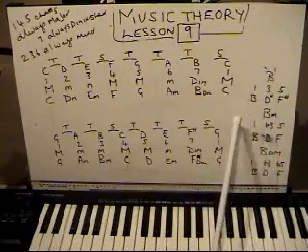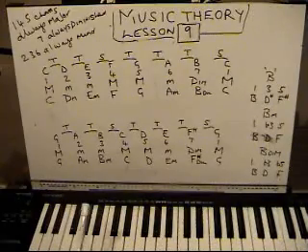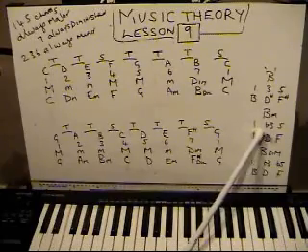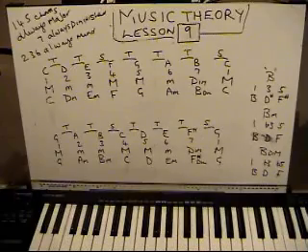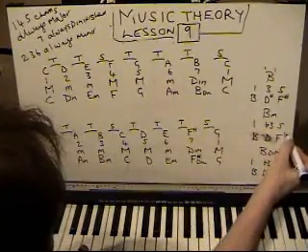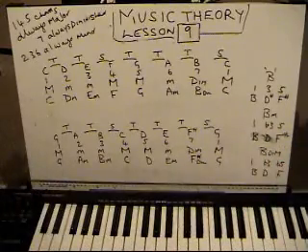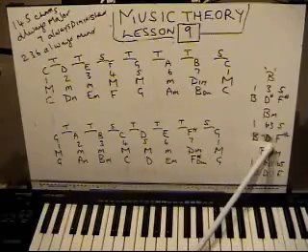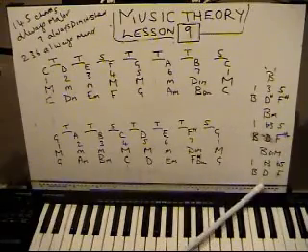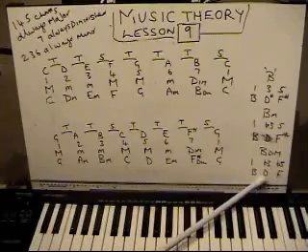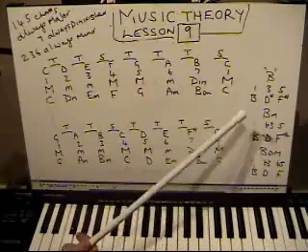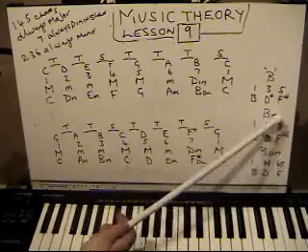If you make a minor, the formula is you flatten the third, so the D sharp becomes a D, so it's B, D, F sharp. Now a diminished chord formula is the first, flatten the third, and you flatten the fifth. So if you flatten the third, it's D, and if you flatten the fifth, it's F.